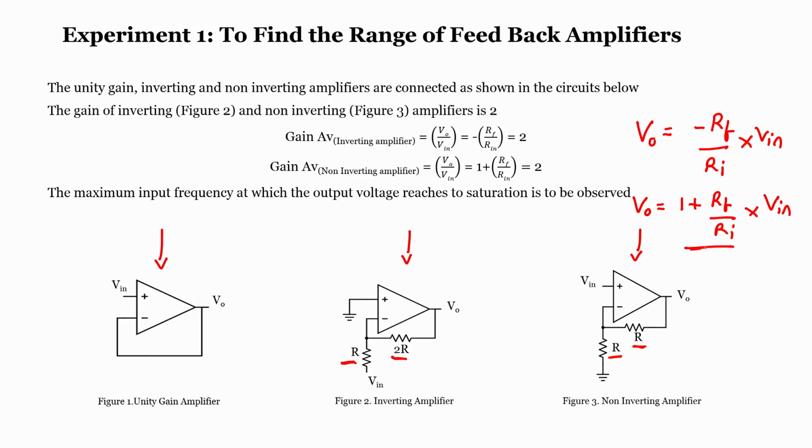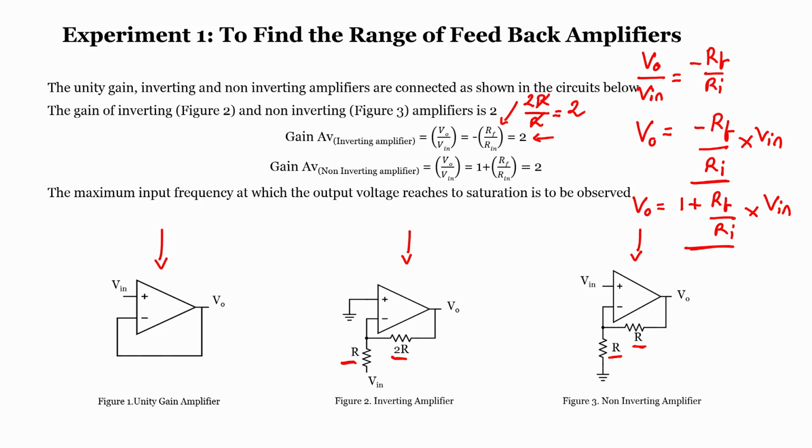If I say VO by Vin equals minus RF by RI, this is the equation. Now, if I substitute the values for the inverting amplifier, what is RF? 2R. So, this is 2R divided by R, which is 2. So, we get 2.